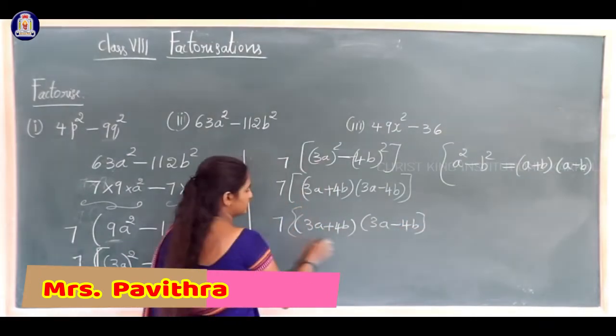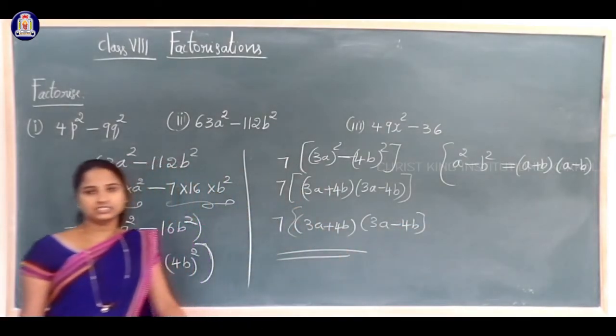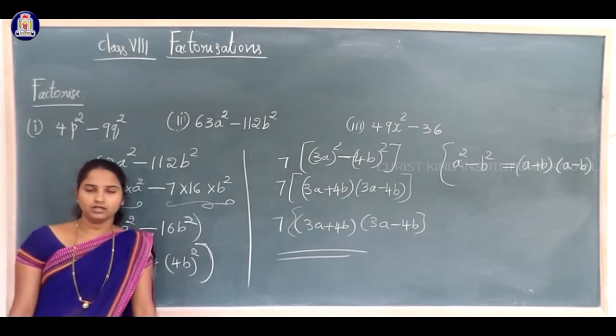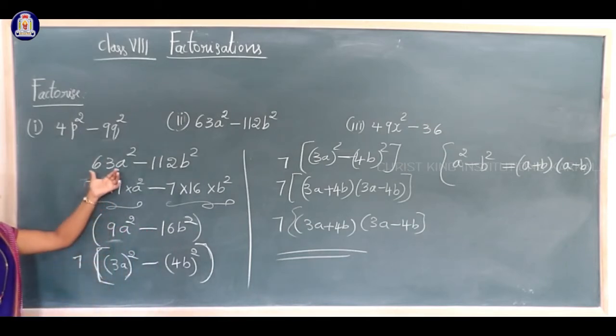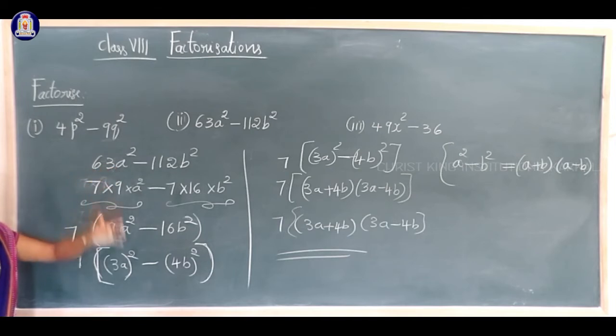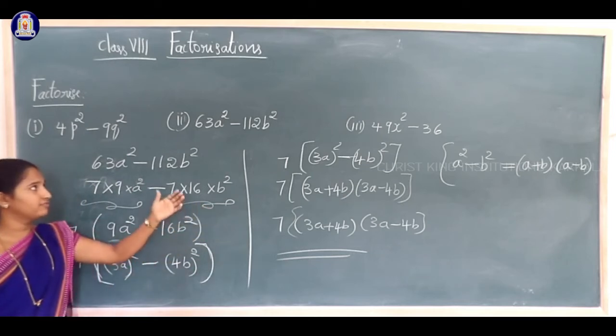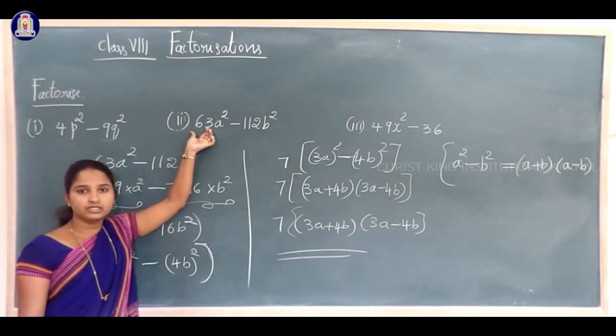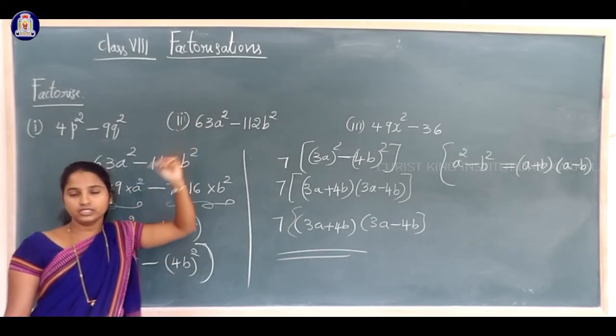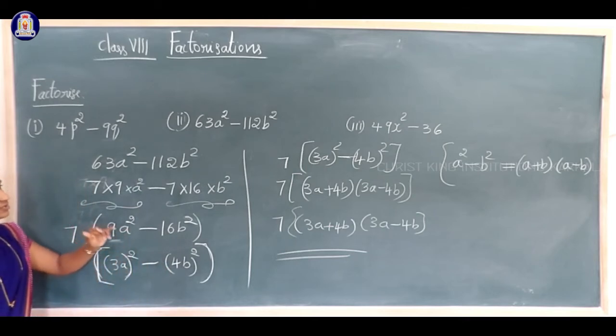So these are the factors of the given algebraic expression. Clear? How to factorize this algebraic expression? First you have to see whether we can take a common factor outside. If you cannot take a common factor, then you have to see whether the given number is a perfect square or not. If it is a perfect square, we can write the square of that number, isn't it?